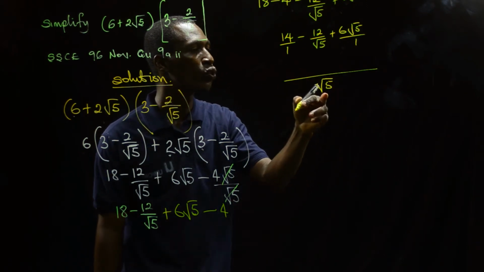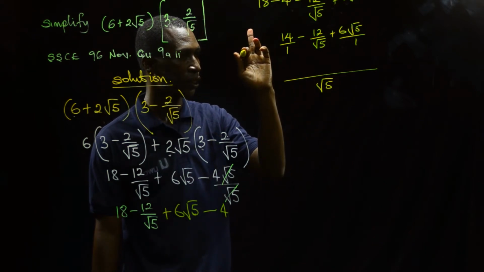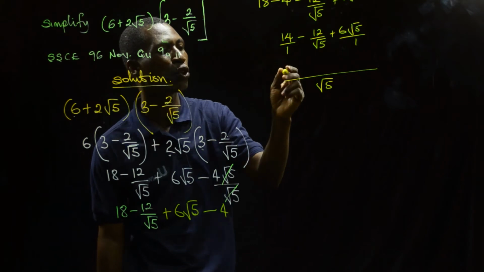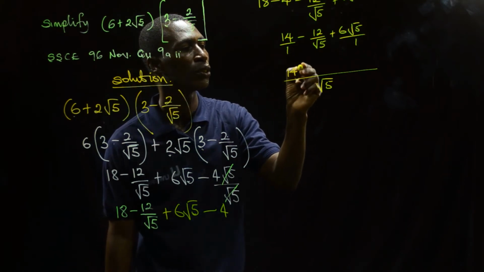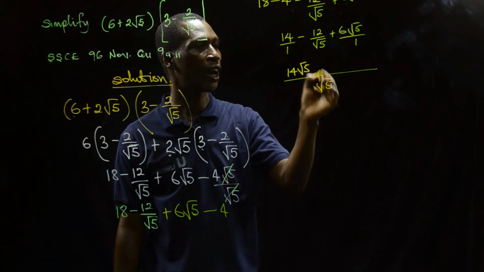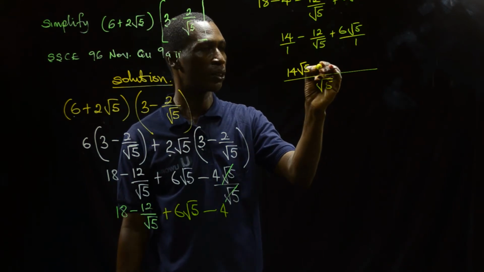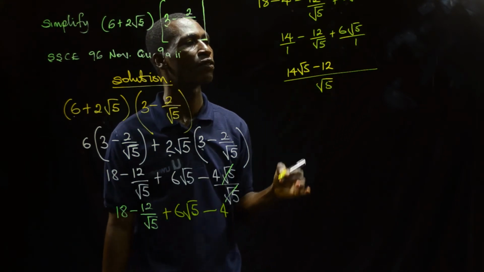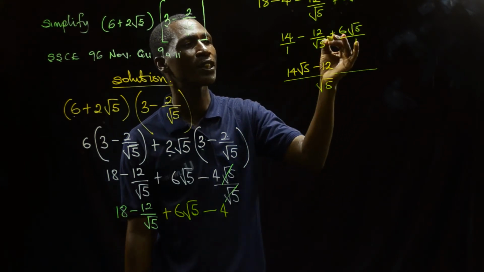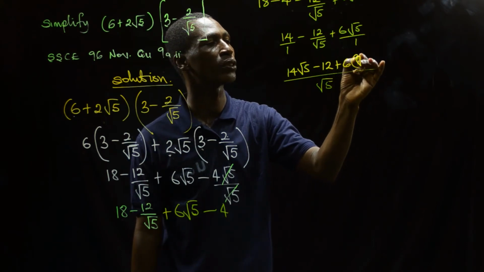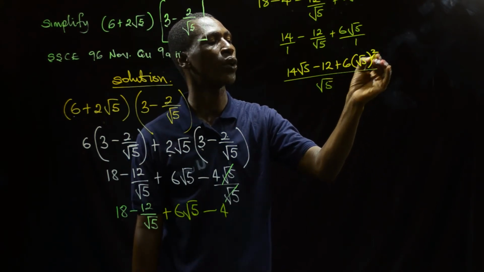Then 1 goes to root 5, root 5. Root 5 times 14 is going to give me 14 root 5. Then root 5 goes to root 5, 1. So minus 12. And 1 goes to root 5. Root 5 times 6 root 5, so I'm going to get plus 6 root 5 squared.